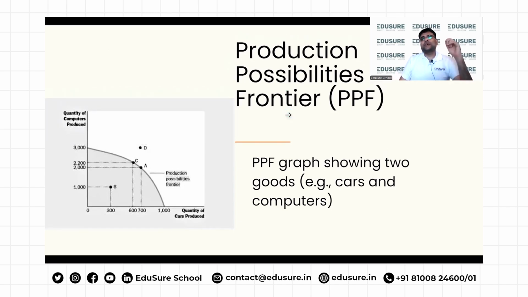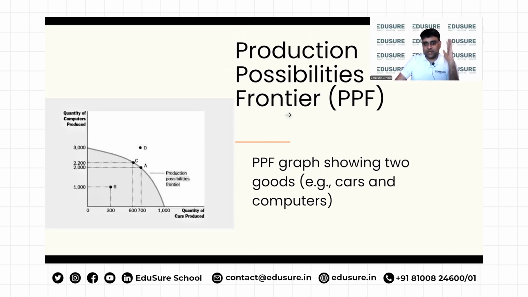This model illustrates the combinations of output that an economy can produce given its resources and technology, कि कितना maximum output ये economy produce कर सकता है. तो ये क्या demonstrate करता है? ये demonstrate करता है concepts of trade-off, opportunity cost and efficiency. Points on the PPF are efficient, points inside are inefficient, and points outside are unattainable with the current resources.